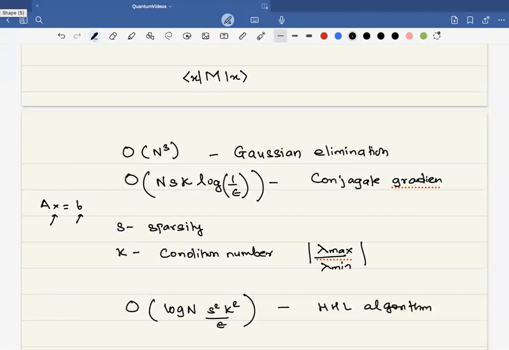The caveat is that the matrix has to be sparse and the condition number also has to be reasonably low. Otherwise, we won't get the exponential speedup; if the sparsity is of order n, then it'll just be polynomial, right? So that is the HHL algorithm.